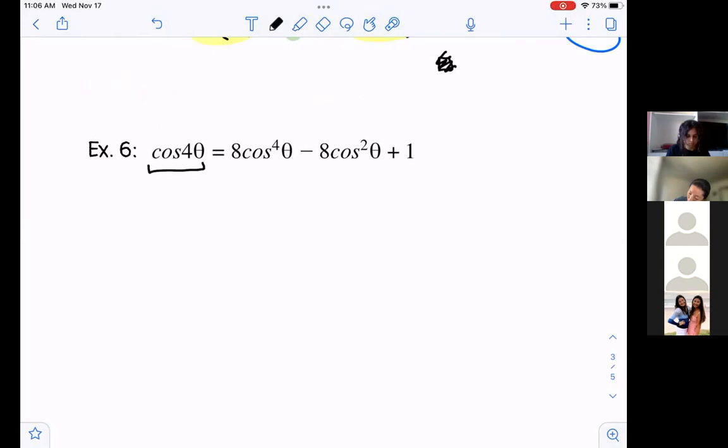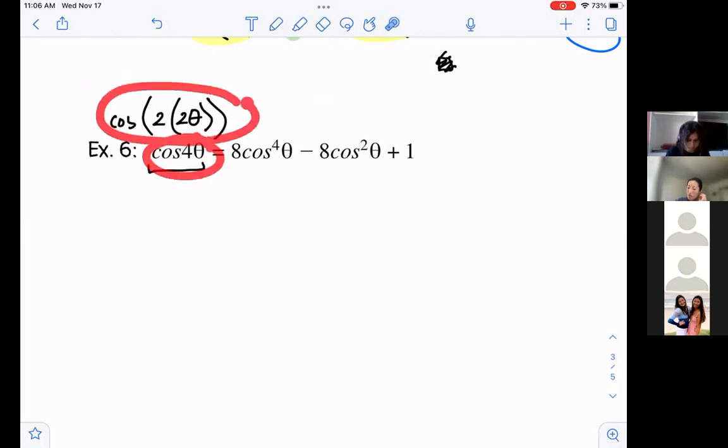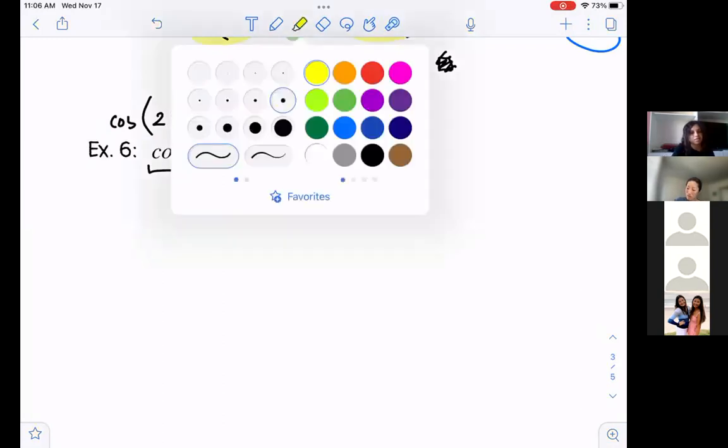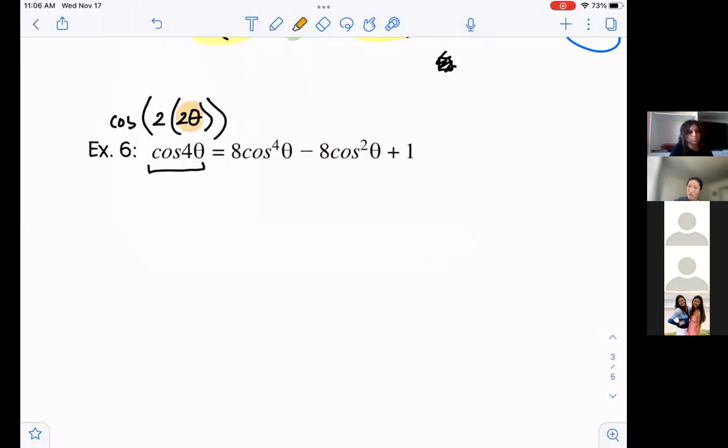I could write cosine 4 theta as cosine of 2 times 2 theta. Do we buy that? That cosine 4 theta is the same as cosine 2 times 2 theta. Why would I want to write it as 2 times 2 theta? So that we can substitute it with something else.